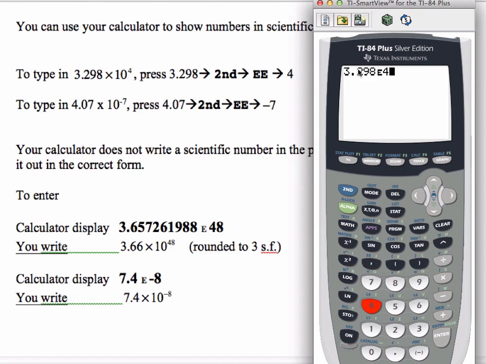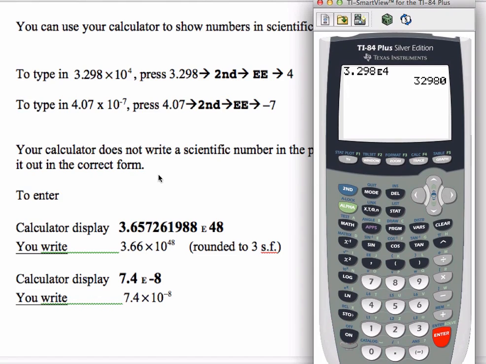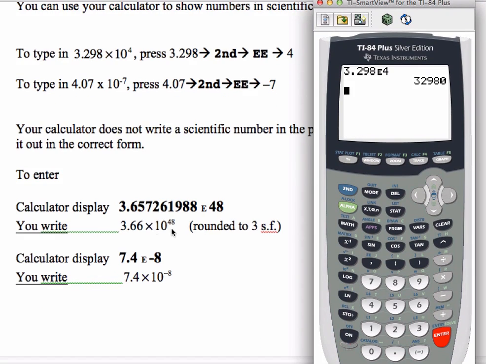So that means the same as 3.298 times 10 to the power 4. Okay? So it gives you that number. Alright, and the next one you can also type in just -7 and it'll give you the number in scientific notation.